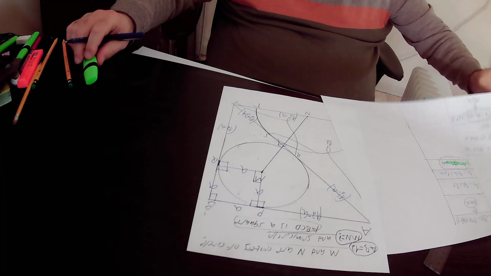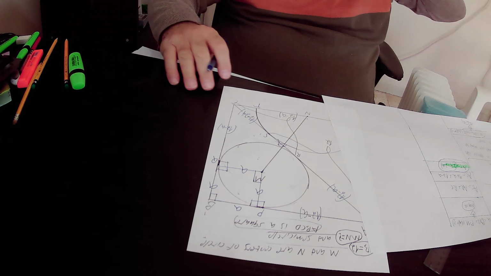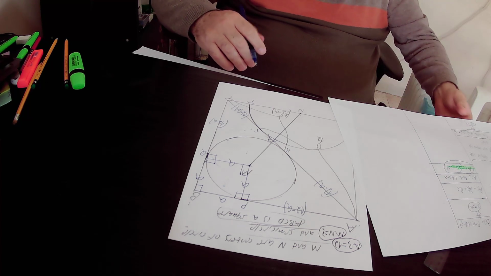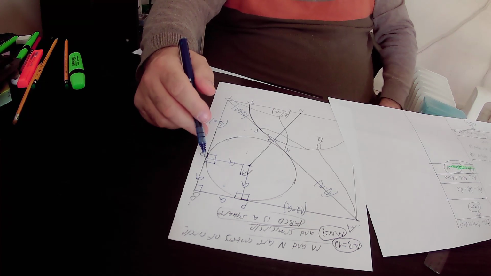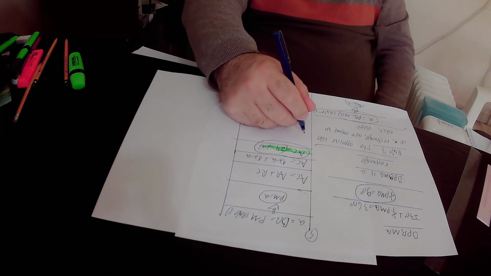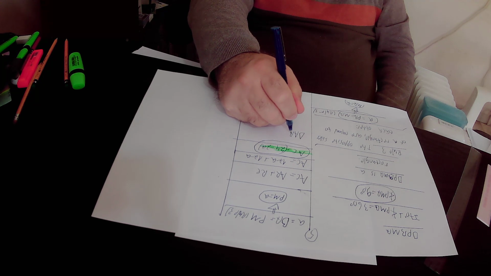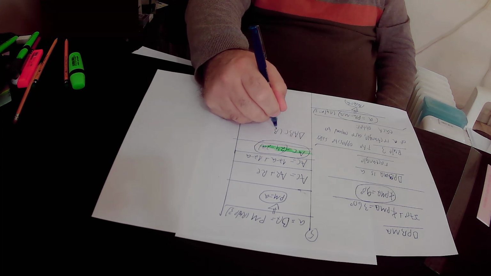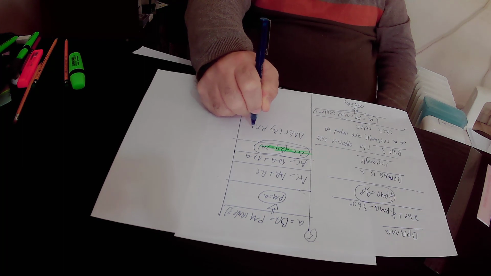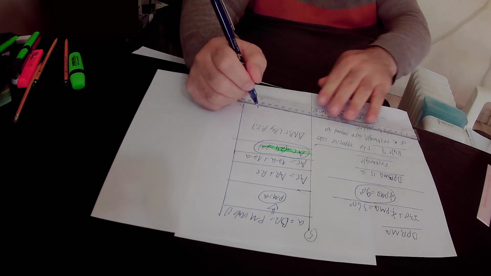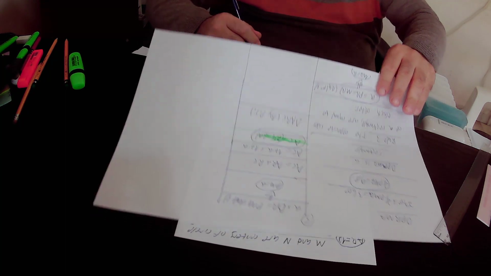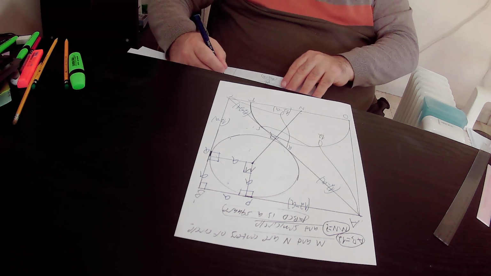In the next step, we will focus on the right triangle ABC. We will implement the Pythagoras theorem on the right triangle ABC. The letters PT are an abbreviation for Pythagoras theorem. According to Pythagoras theorem, the square of the hypotenuse equals the sum of the squares of the perpendiculars.